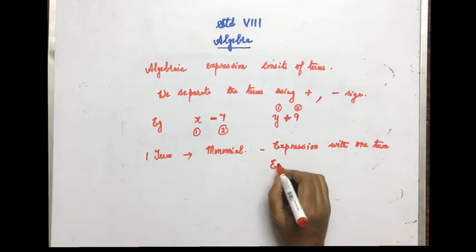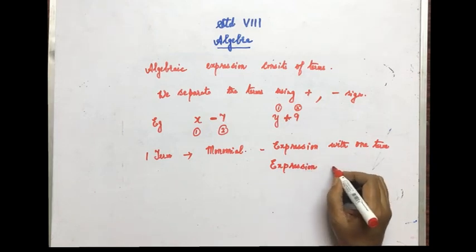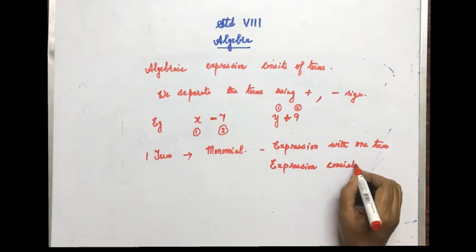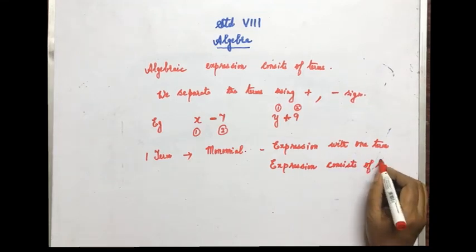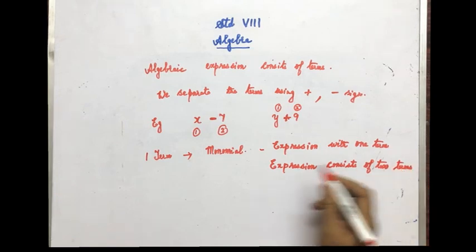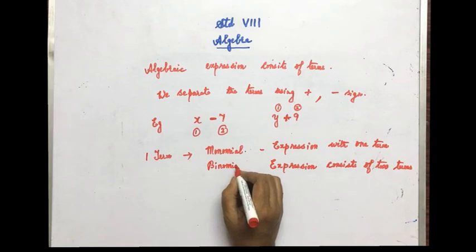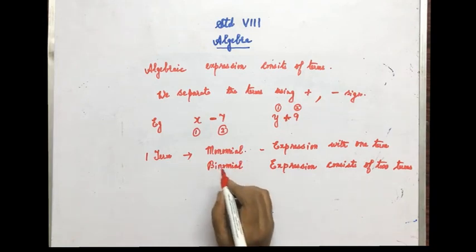If the expression consists of two terms, we call it a binomial. Mono means one, binomial, bi means two.